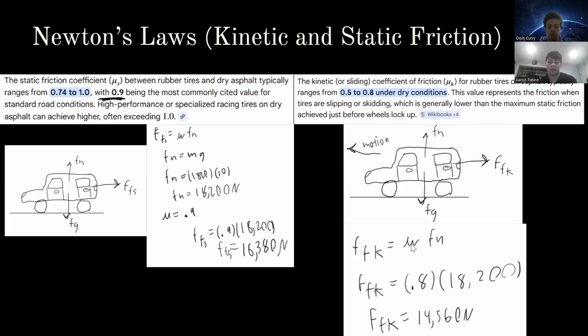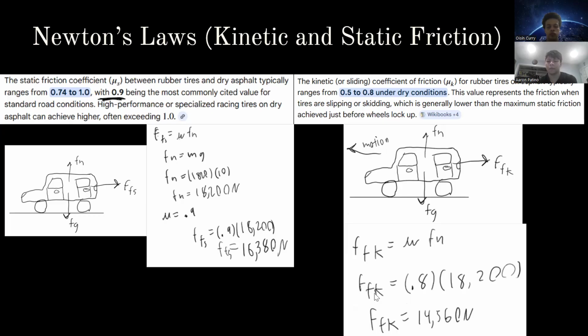It is again just mu times the normal force. The only difference is that we are using a different number for mu, because the kinetic coefficient of friction is usually lower than the static friction, because it's already in motion.